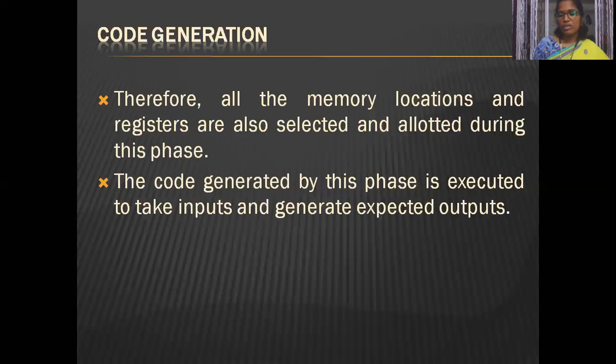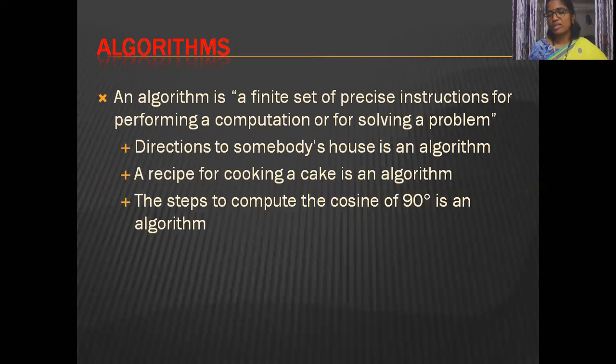So with this, we'll move further with the next topic, which is nothing but algorithm. Here I am explaining this concept because in the next video lesson, we'll see what is the program, what is the C program, how it will be. We have learned already that a program is nothing but a set of instructions which perform some task.